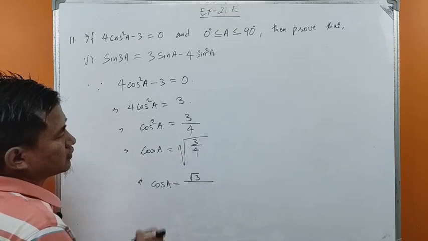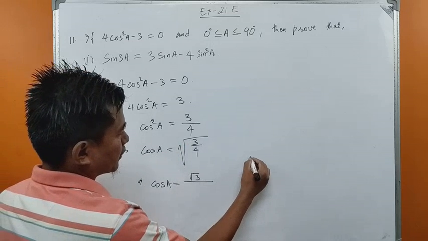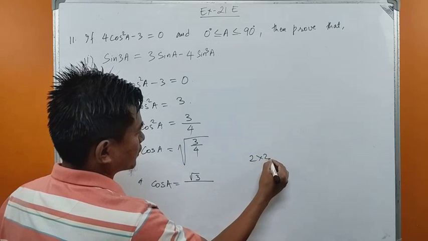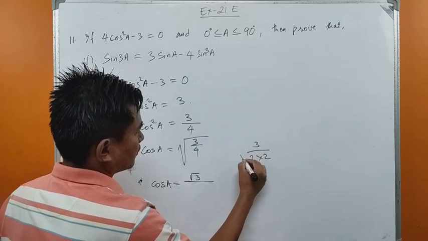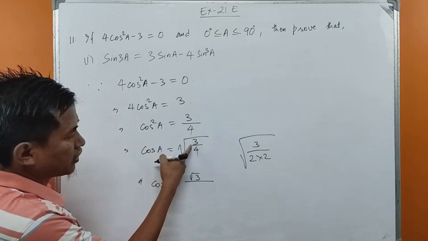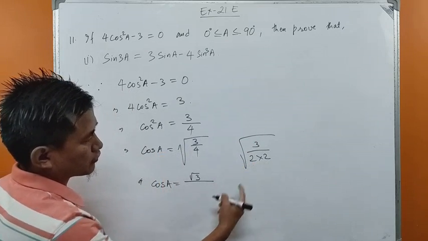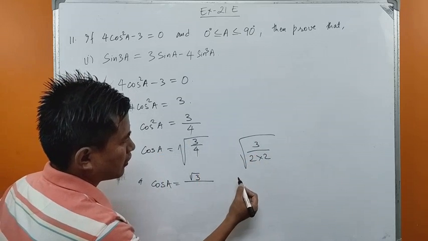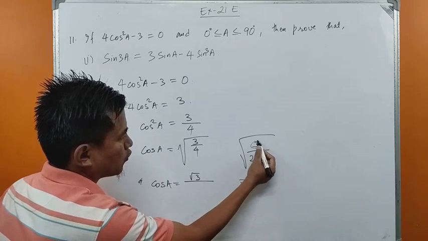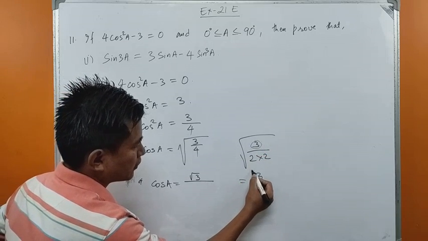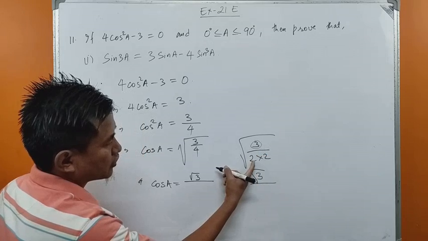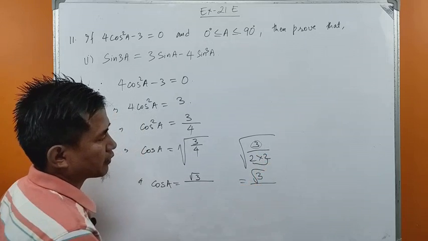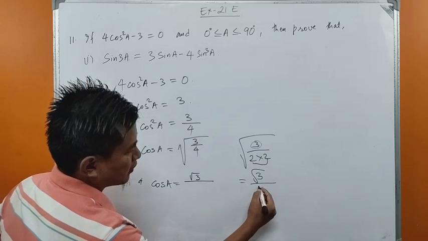3 is only 1, but 4 can be written as 2 into 2. So 3 upon 4 means 3 upon 2 into 2. Now 3 is only 1, no pair, so we write root 3 as it is. Now this 2 and 2 we make the pair and free the root.